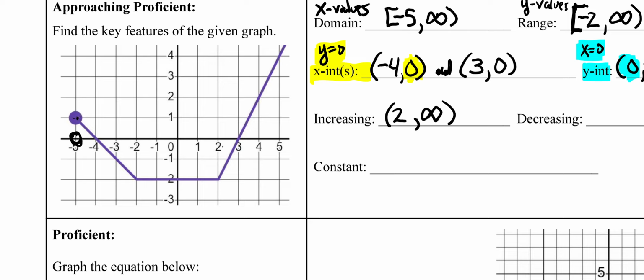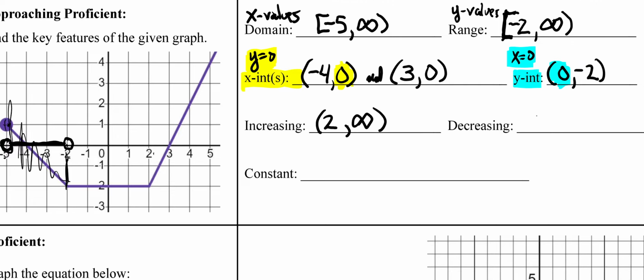So then we move forward until we get over here. During all of this space, it's going down. But what are the x values? From -5 to -2. So over here, we would put -5 to -2.